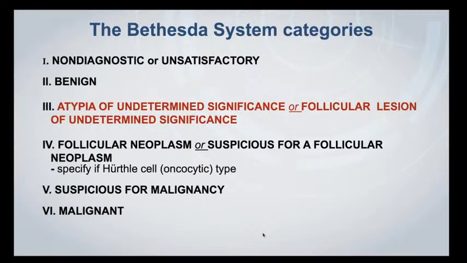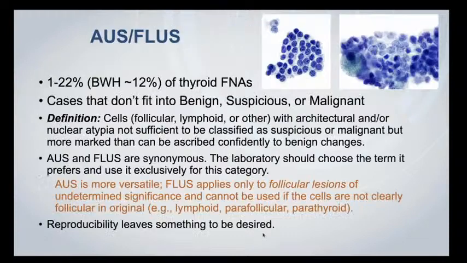And finally, we'll finish with a few words about the AUS or FLUS category. And of course, this is the most problematic of our 6 categories. It represents anywhere from 1 to 22% of all thyroid FNAs. And that tells you a lot already, that there's tremendous variability in how this category is used from one laboratory to another.